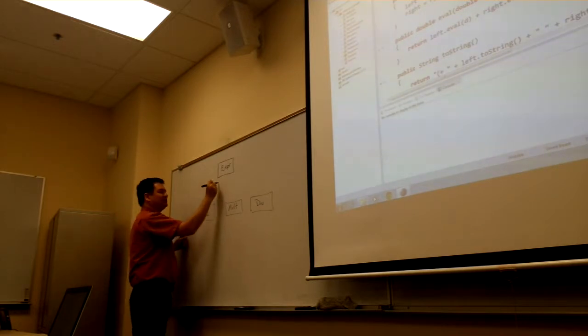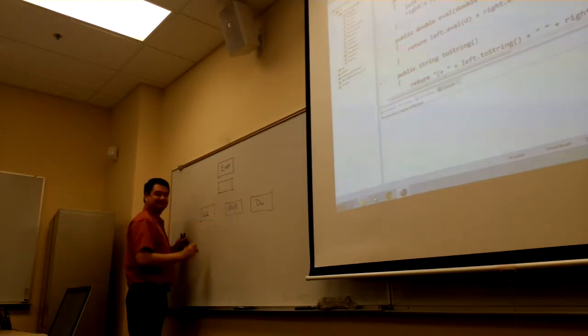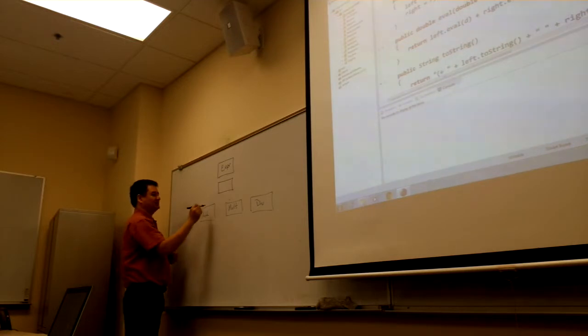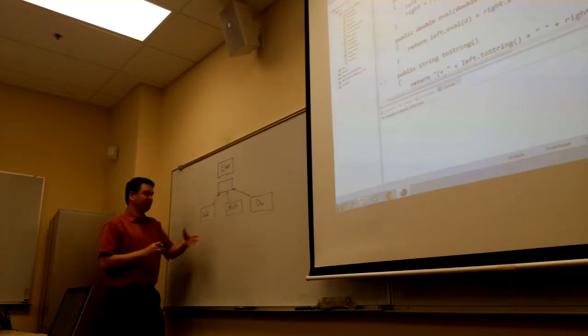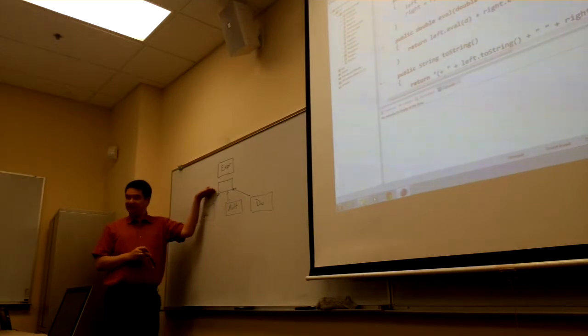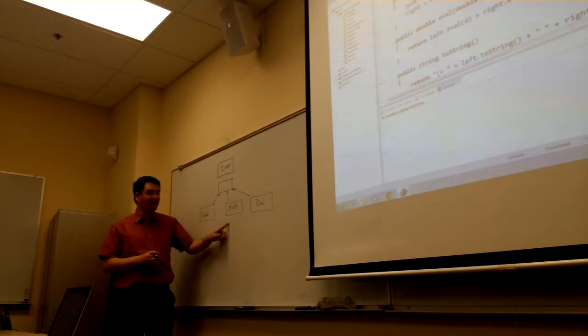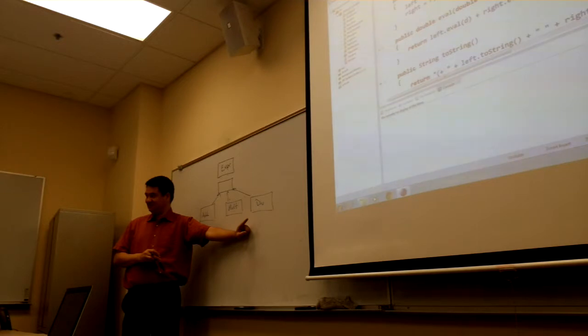So what we wanna do is add a new layer here. Let's migrate up into this new layer all the stuff that's common to these three, all the stuff that's exactly the same.